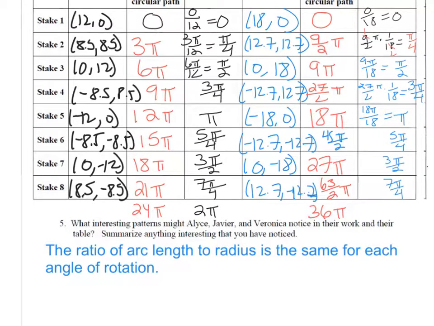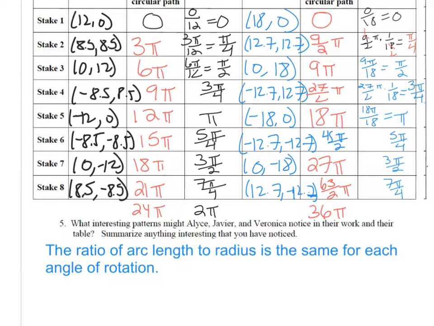For example, when we went 45 degrees, this ratio of pi over 4 is the same even for the bigger circle. And over here at stake 5, the pi and the pi were the same.